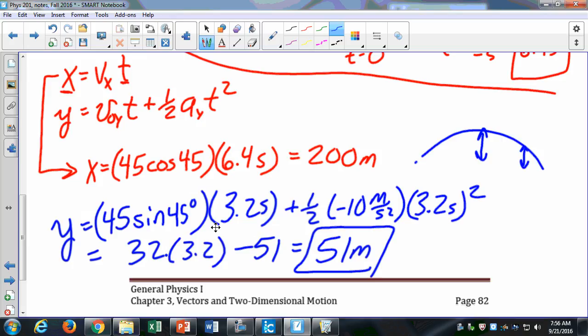Think about our vectors: our Vy is in that direction, and then it gets smaller, and then it goes away, and then it increases, but in the negative direction. But these two vectors are exactly the same, just in opposite directions. And Vx doesn't change at all throughout the trajectory. So I have the same set of vectors here and here, except one of them flipped. So the speed is going to be the same. I think it's 45 meters per second.